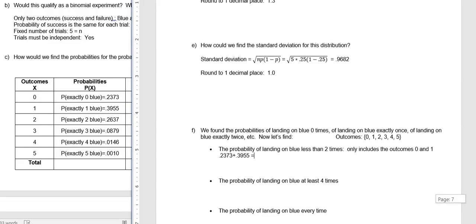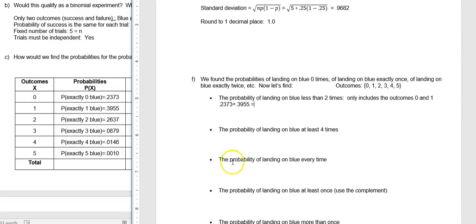There's the table that we already had, so we could just take the probability of exactly 0 and the probability of exactly 1 and add those together, which would give us 0.6328. Now if we were going to write this in inequality notation, this would be the probability that x is less than 2.